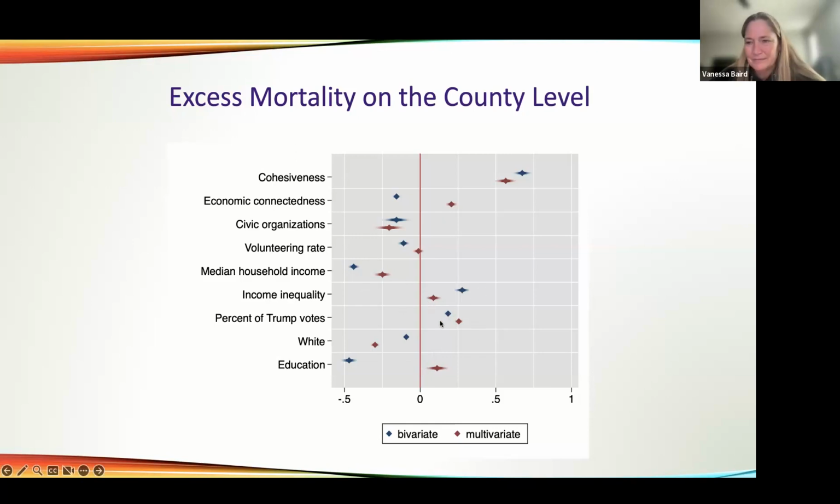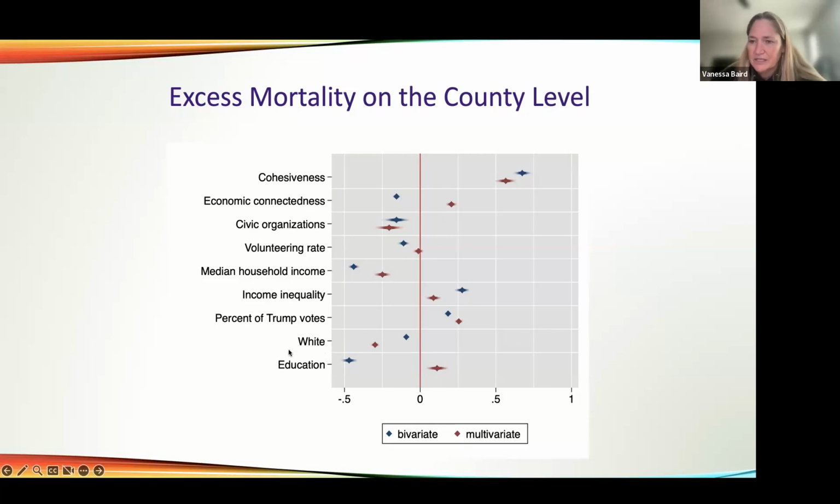Percent Trump, as you might guess, is positively correlated with COVID deaths. White people were less likely to die, and highly educated places were much less likely at the bivariate level, but when you control for some of these things that explain why education might be down here, it has a Simpson's paradox effect, changing the sign to be positive.